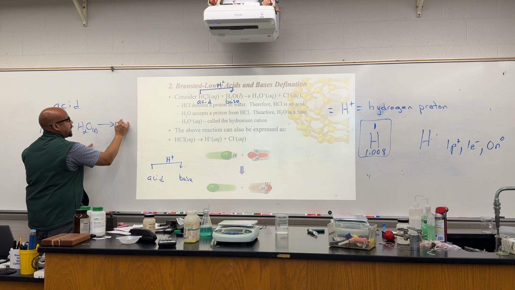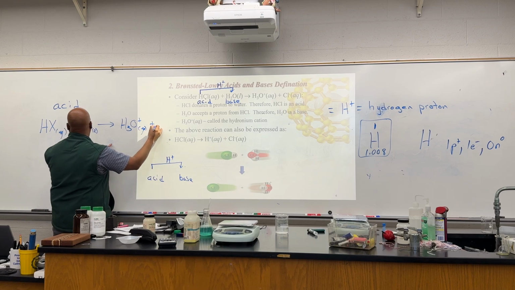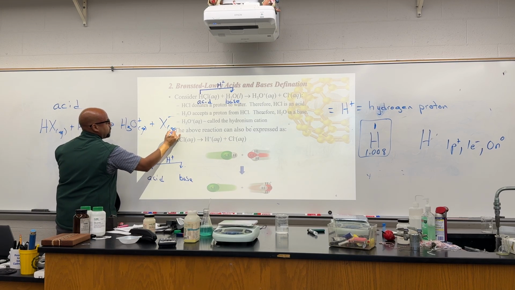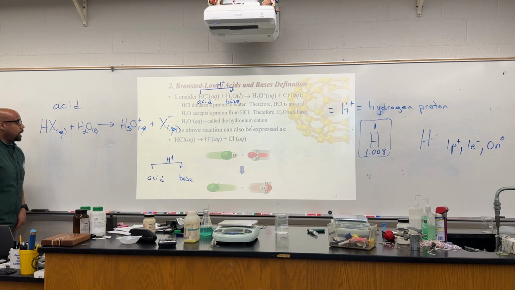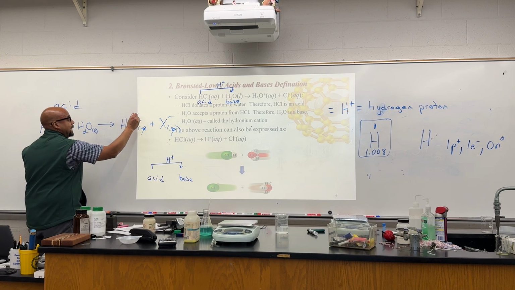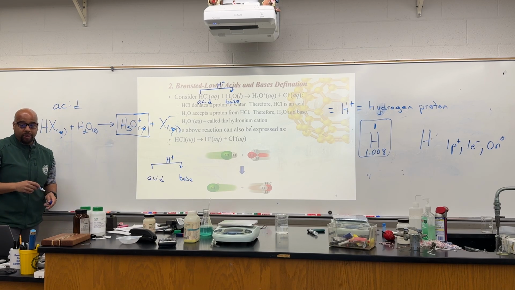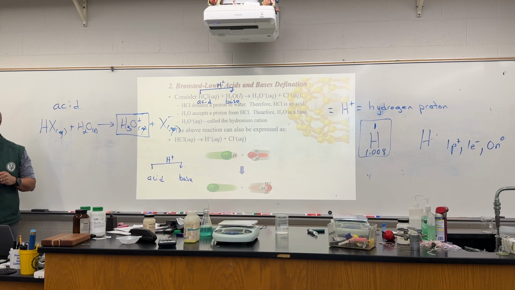It's going to produce H3O plus aqueous, plus some X minus aqueous over here. I am not afraid of you. That's not what's going to burn me here. What I am afraid of is this right here. That is the stuff that, when I get it on my skin, is going to burn.